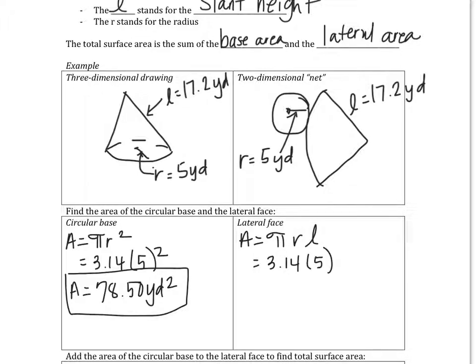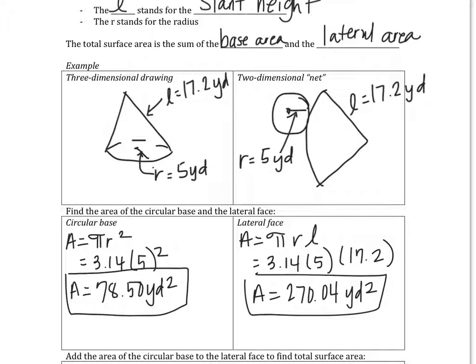And the slant height they gave us as 17.2. And so we do the multiplication on that, and we get area equals 270.04 yards squared.